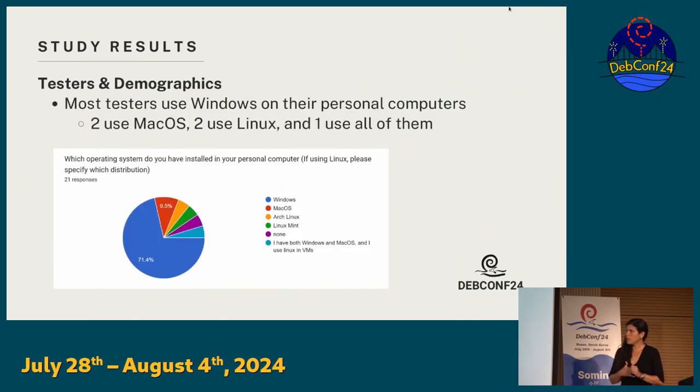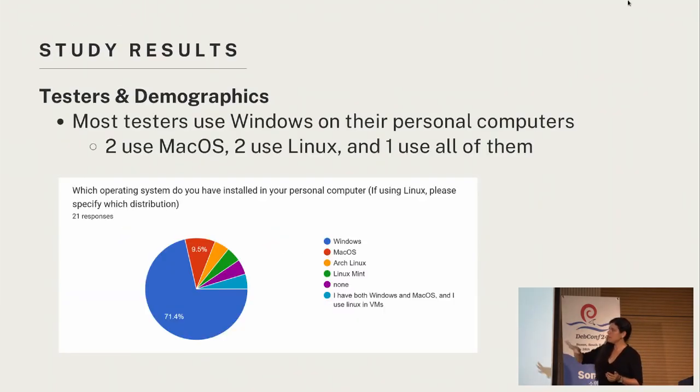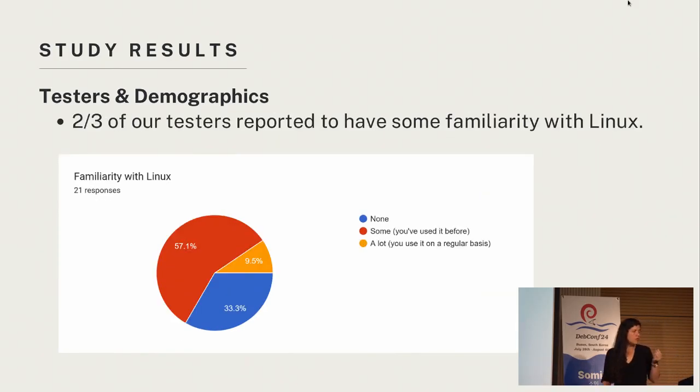In terms of operating system they use on their personal computers, we had a variety, but Windows is the majority, and about 10% macOS, and about 10% also Linux users. And there was one user that had the 3 systems at home. About two thirds of the users expressed some familiarity with Linux, and even about 10% said a lot, so they use it on a regular basis, which was a different scenario than last year.